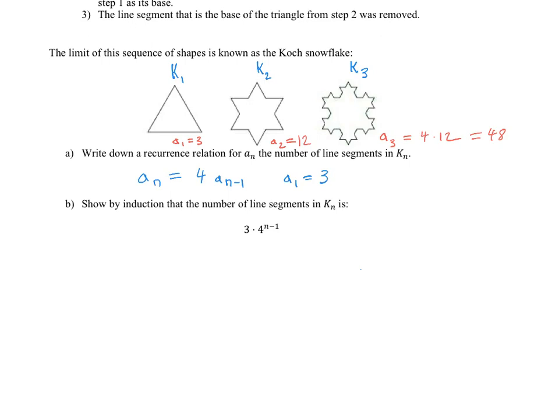So the guess is that A_n has this form as its solution. So the statement that we have is that A_n equals that expression for integers greater than or equal to 1. That's our statement.